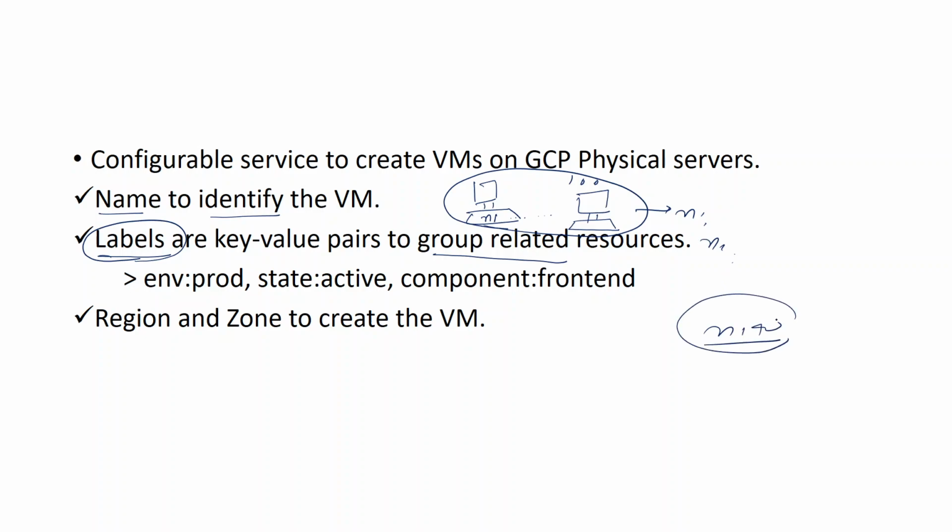Or the better way would be to use a key-value pair, such as you can see here that I have created as an example. I have written one key-value pair: environment equals prod.